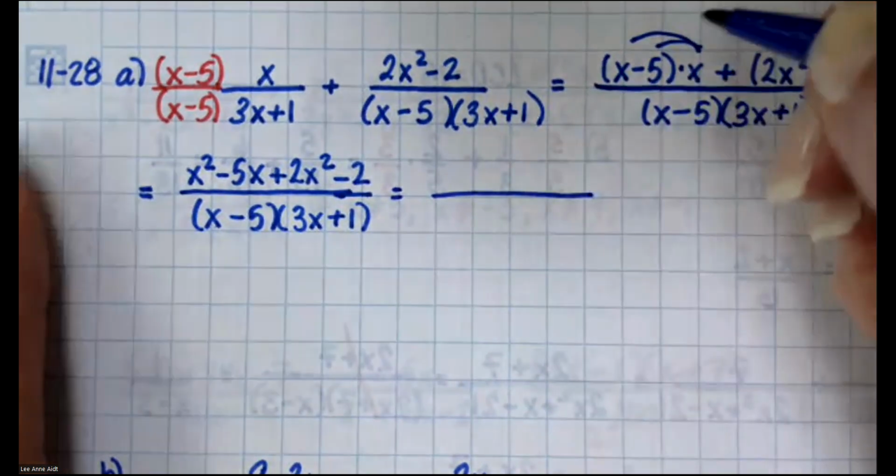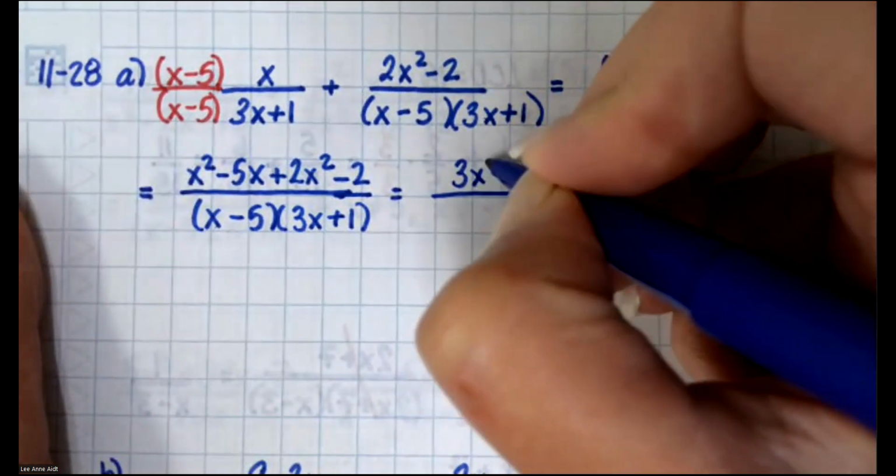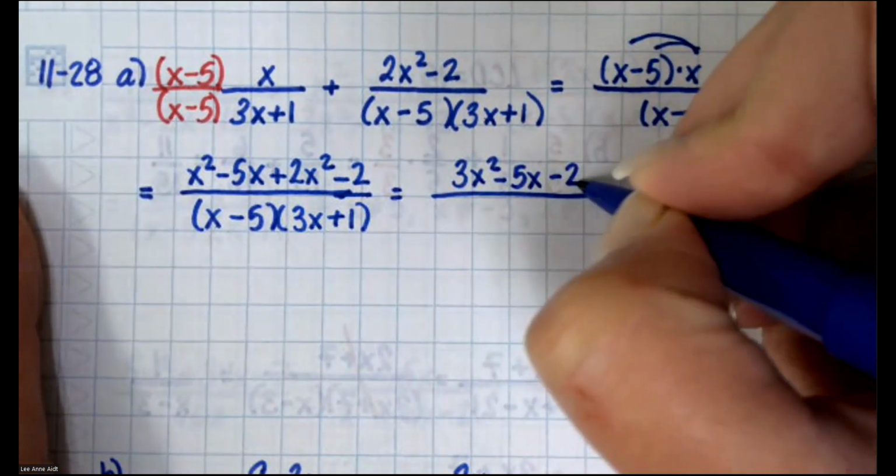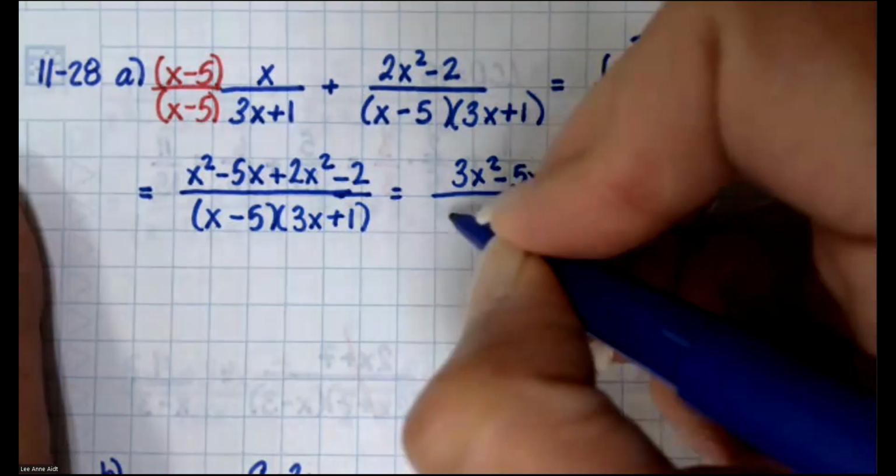Okay, let's combine like terms on the top. 3x squared minus 5x minus 2.